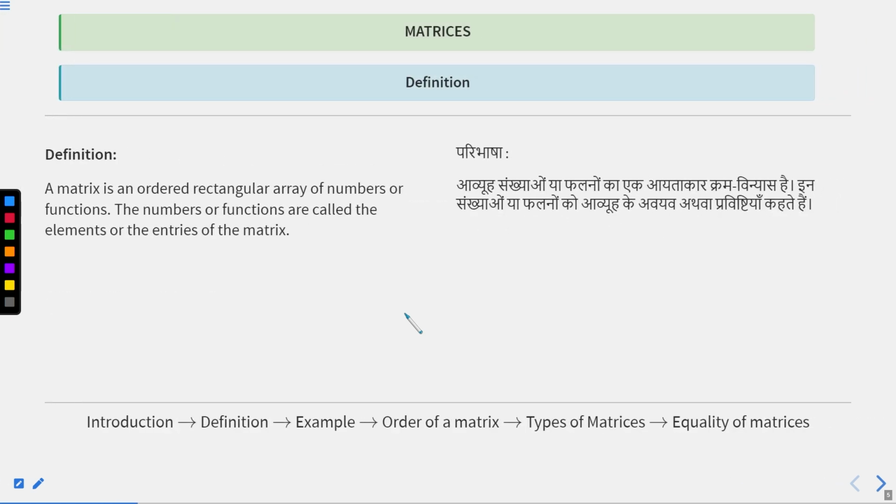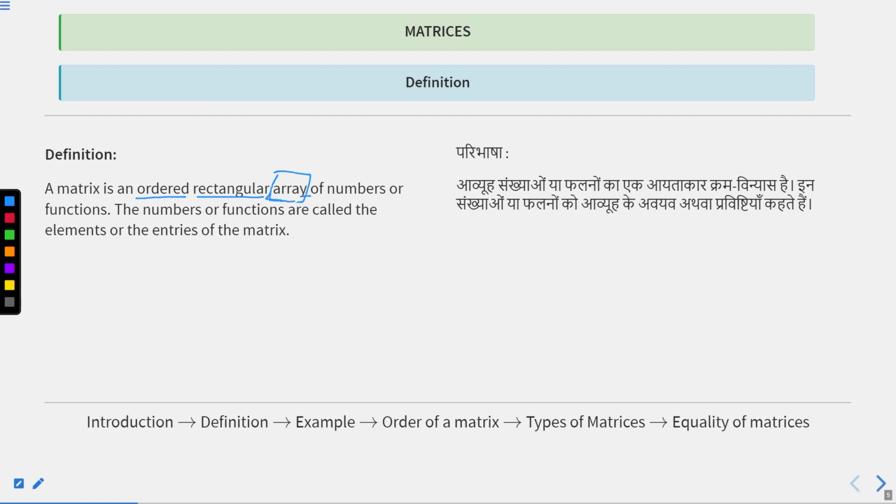This means that matrices contain important information. Now the question comes: what is a matrix, how is it represented, how does it actually look? A matrix is an ordered rectangular array. Array means a collection of elements.